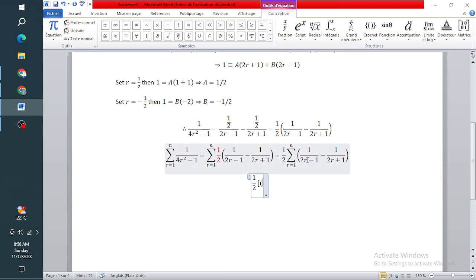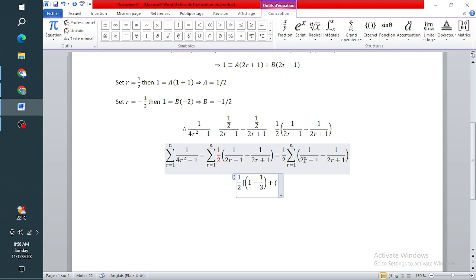Okay, now when r is equal to 1, this term here becomes 1 over, I replace r with 1, the denominator becomes 1, so I just have 1 over 1, minus, if r is 1, I have 3 in the denominator here, so minus 1 divided by 3, plus we are summing terms. Okay, so let's go.